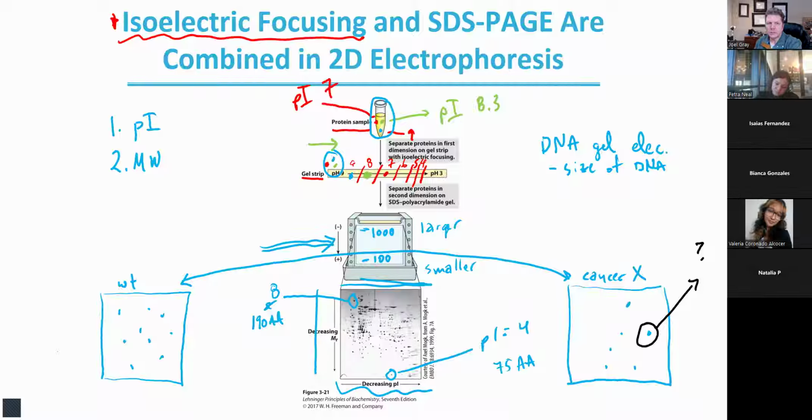So I hope that you guys remain familiar with isoelectric focusing, and we'll get more into protein electrophoresis in a little while. But 2D electrophoresis is using two dimensions or two properties on which we separate proteins. What's important overall is to understand these techniques and the properties on which you're separating.